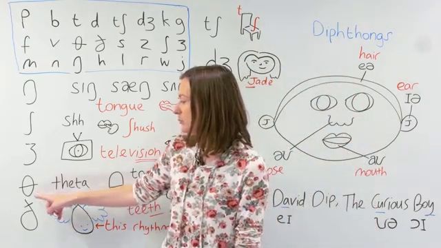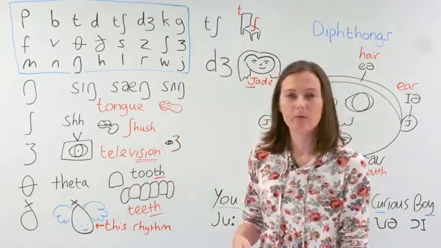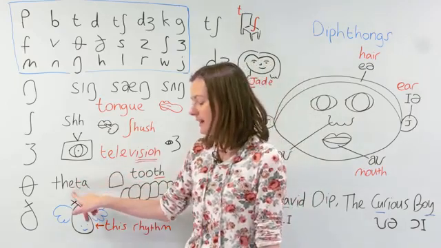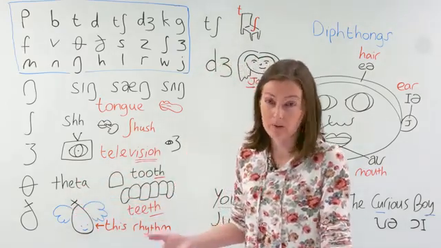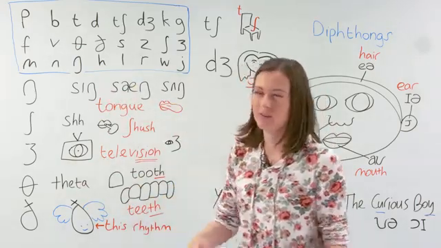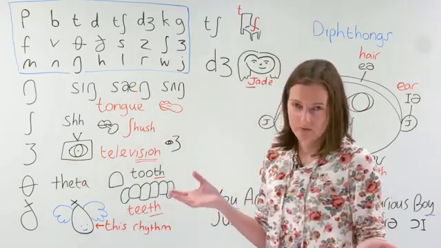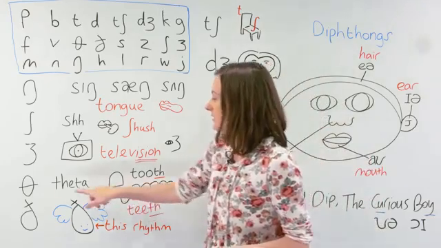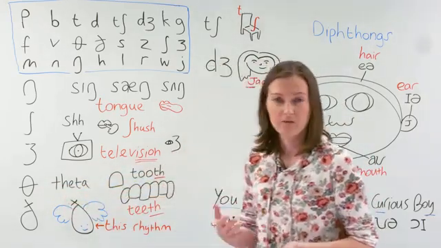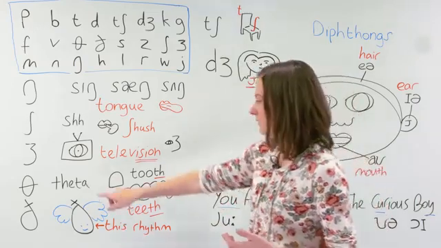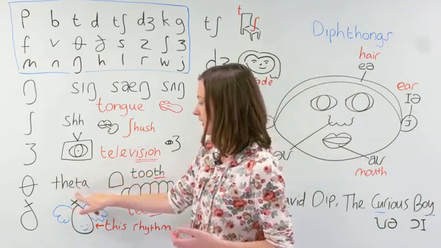Next we have this symbol. This symbol has a name that many people know. These symbols also have names, but they're not ones that so many people would recognize. This symbol is called theta, so if that helps you remember, theta.